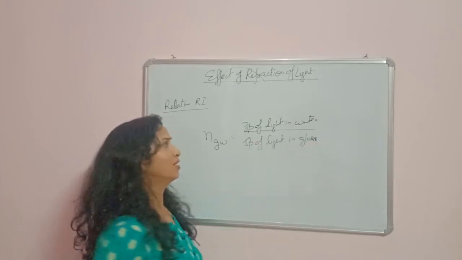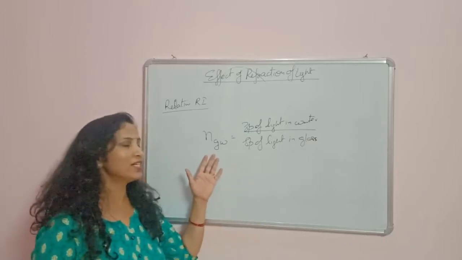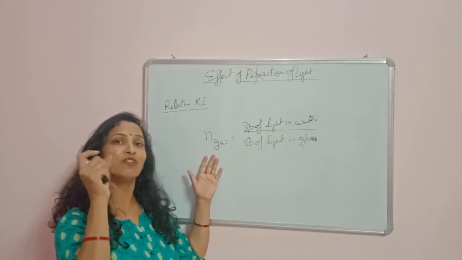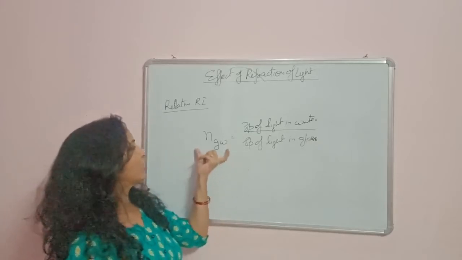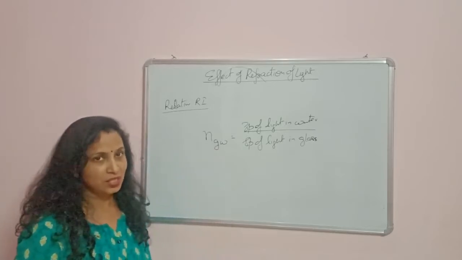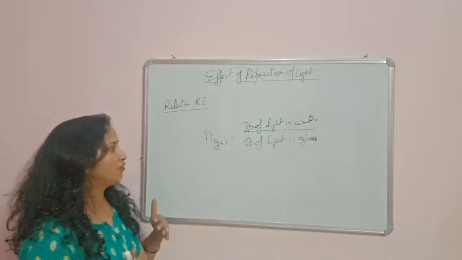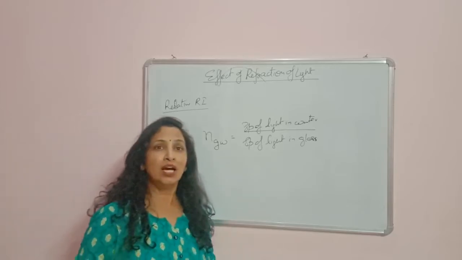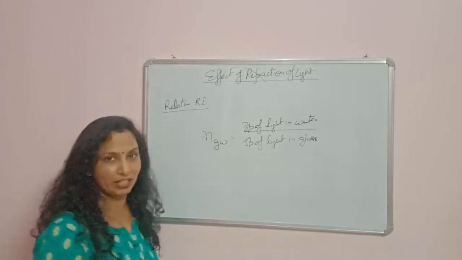Again, it is clear that of whichever medium you are finding the refractive index, the speed of light in that medium should be in the denominator. So this is the refractive index of glass with respect to water. This type of refractive index, in which we are comparing the speed of light with a medium other than air and vacuum, is called the relative refractive index.